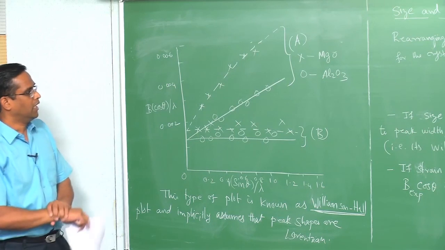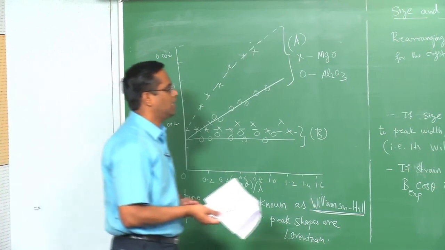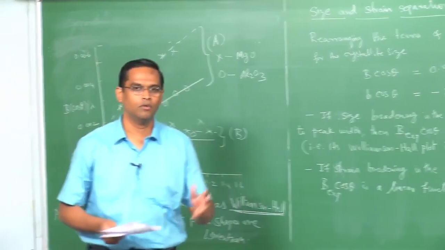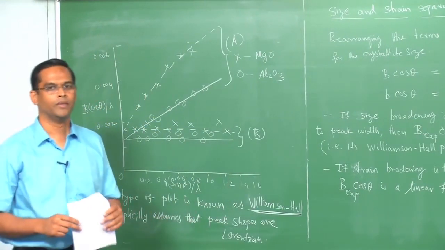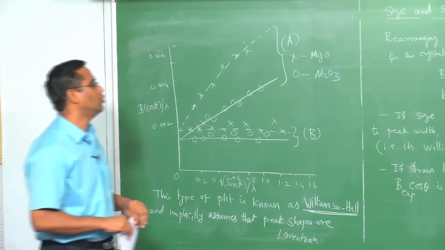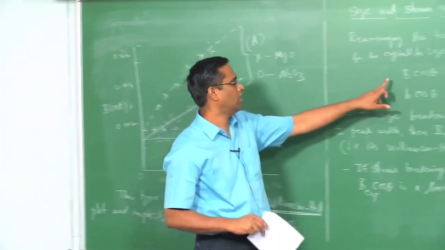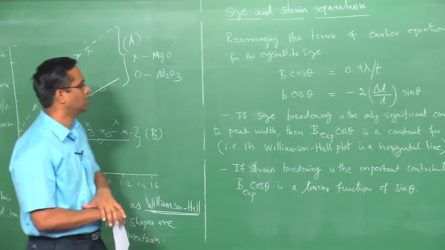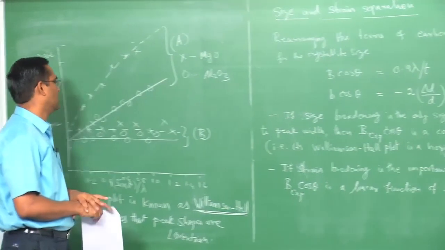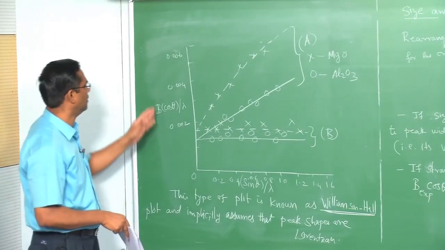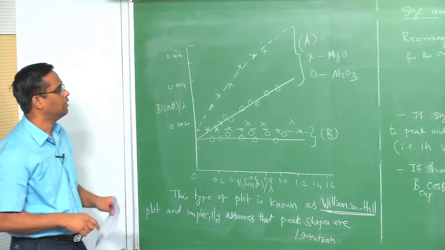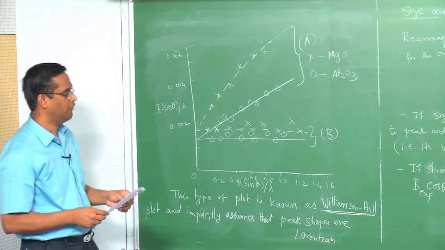So, if you look at the complete procedure, first you have to measure the instrumental broadening, subtract it, and then use these two equations, one for size and one for strain, and then plot this b cos theta versus sin theta, then you will be able to separate these two effects.